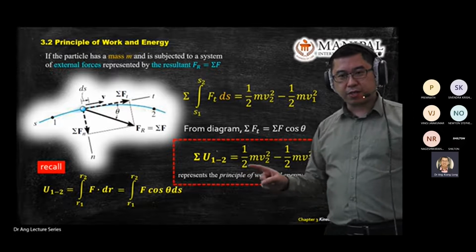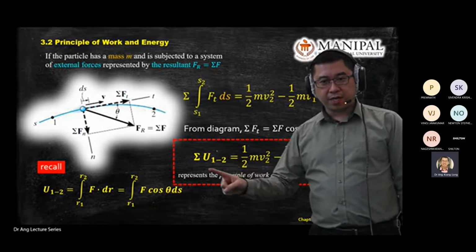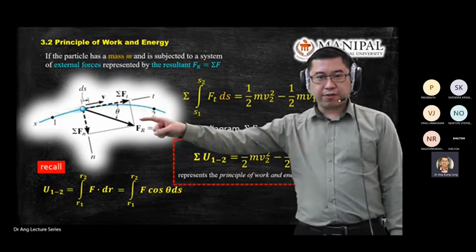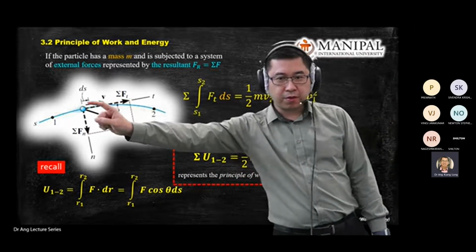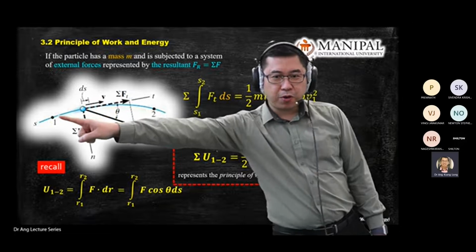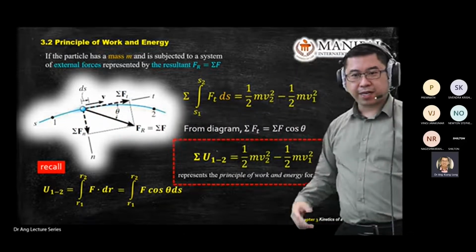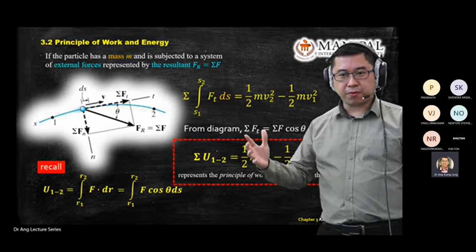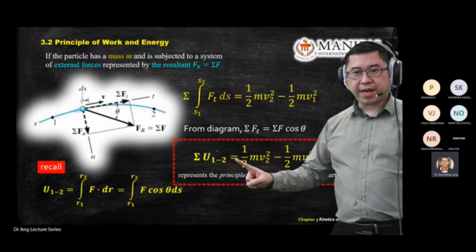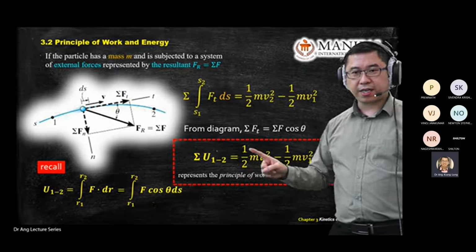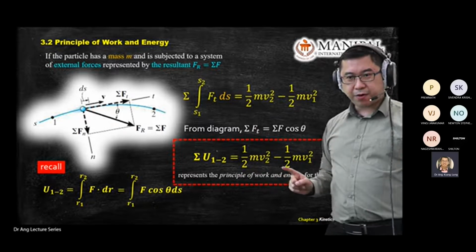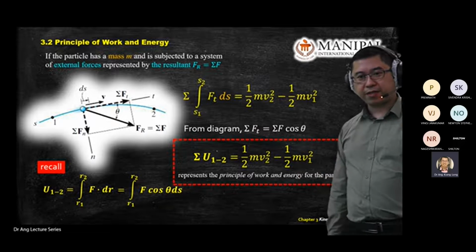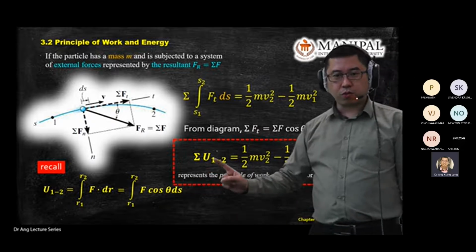So this equation also tells you the work done to travel from point 1 to point 2 is equal to the difference of energy from one point to another point: the energy at the endpoint minus the kinetic energy at the initial point, also equal to work.